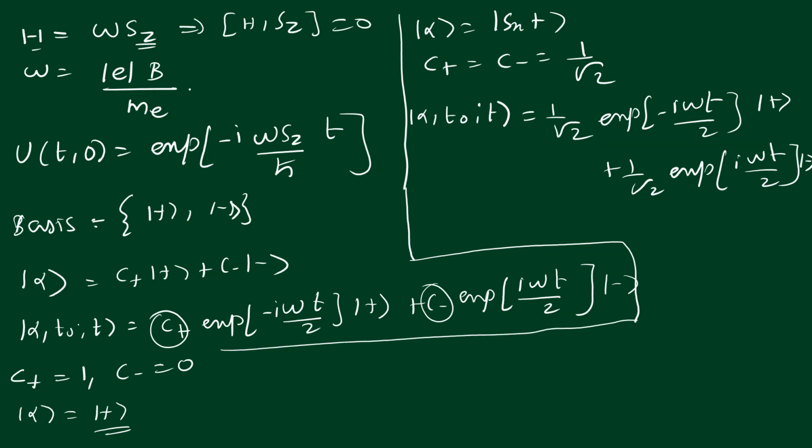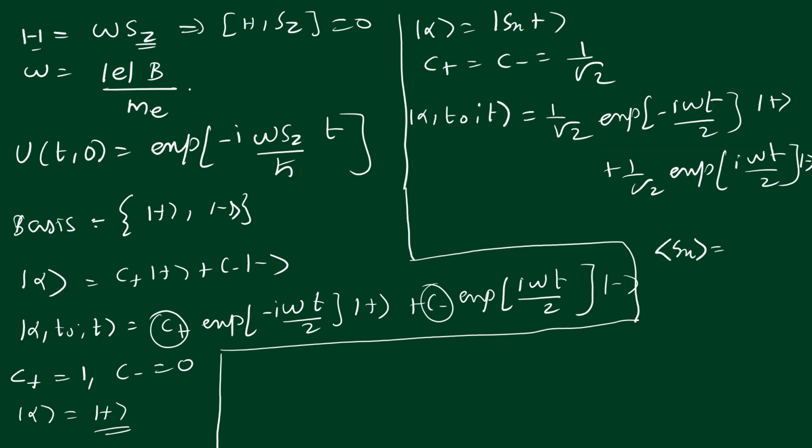Probabilities for measuring plus h bar by 2 and minus h bar by 2 if you measure Sx. So on measuring the x component of spin, we calculated the probabilities for finding plus h bar by 2 and minus h bar by 2. From that, we calculated the expectation values, and we saw that the expectation value of the x component of spin actually changes with time.